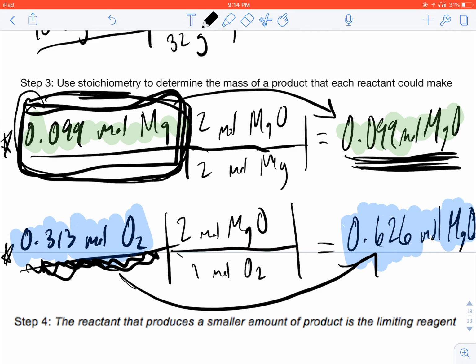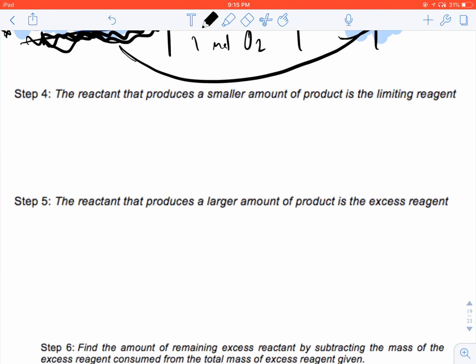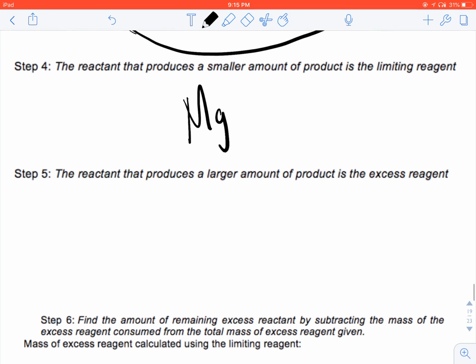Remember, the limiting reactant will determine how much product is made. Right? So that's why I'm circling this 0.099 moles of magnesium oxide, because that's the actual amount of magnesium oxide made. We can't make 0.626 moles because we don't have enough magnesium. So to answer these other questions here, the reactant that produces a smaller amount of product is a limiting reactant or reagent. That is magnesium.